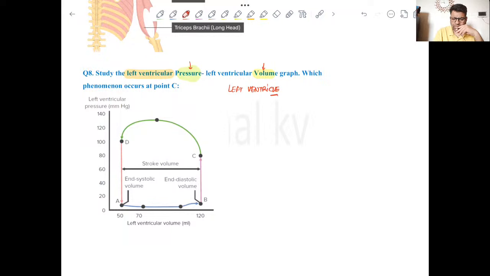Now it is being asked what phenomena will occur at the point C. So this is the point C. Let me see if anyone can answer this. We are discussing the pressure. Now this is the pressure here, and this is the volume in this axis. Volume means the amount of blood, of course.